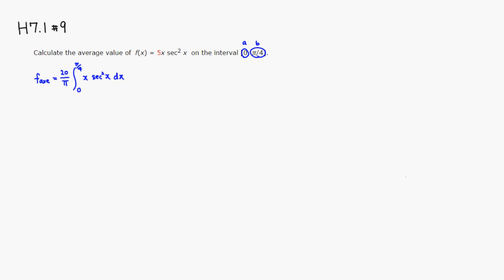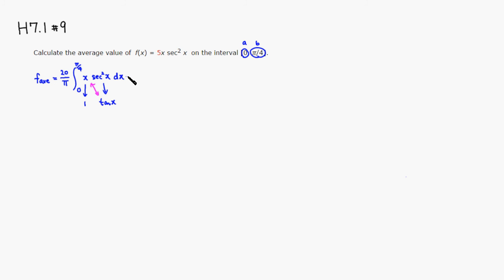And now we can use integration by parts. So we take the derivative of the first guy, so it's going to be 1. Take the antiderivative of secant squared; luckily, we know that it's tangent of x. Then we multiply diagonally first.